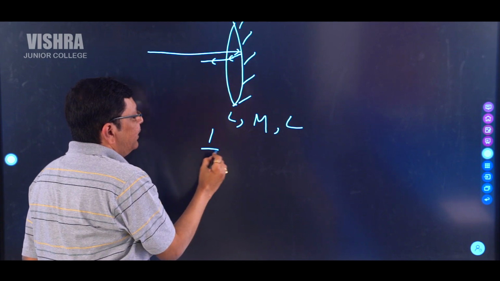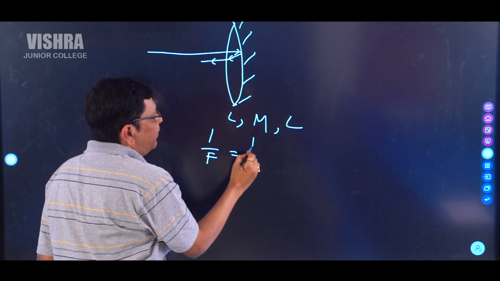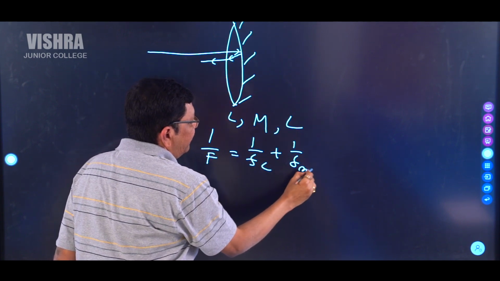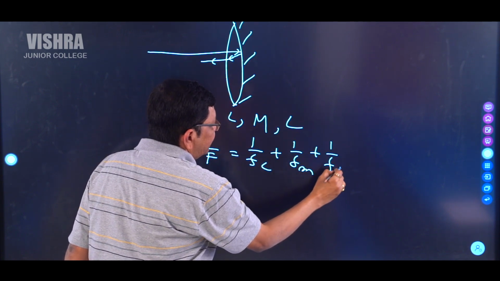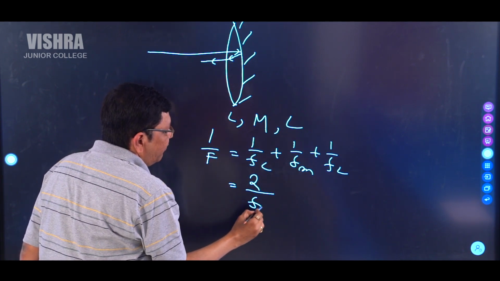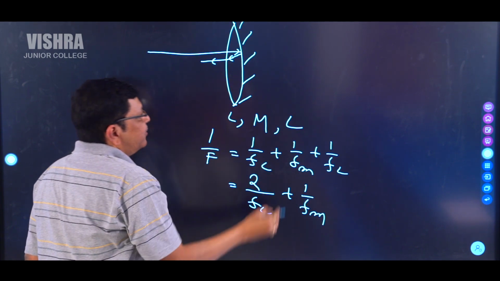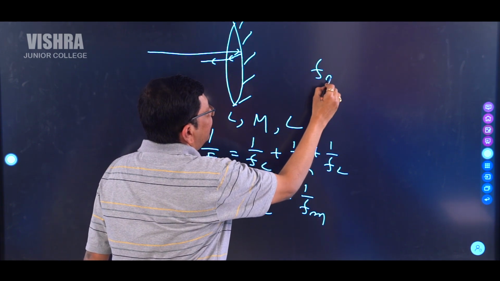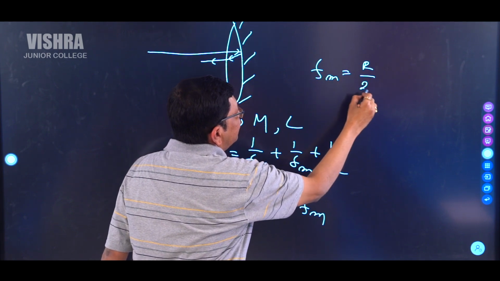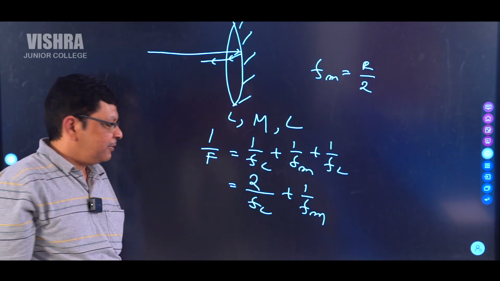That is why the equivalent power 1 by f equals power due to lens plus power due to mirror plus power due to lens. Hence we can write this as 2 times 1 by f_L plus 1 by focal length of mirror. Naturally, in case of a mirror, the focal length is half of the radius of curvature.